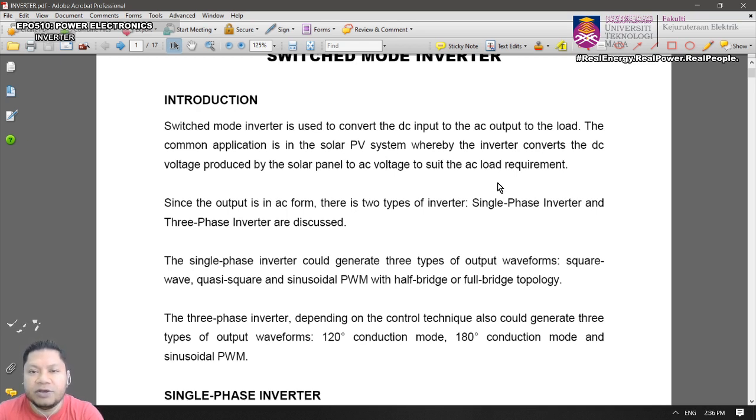I think you have learned this in communications as a subject, where we have this pulse width modulation type of signals.